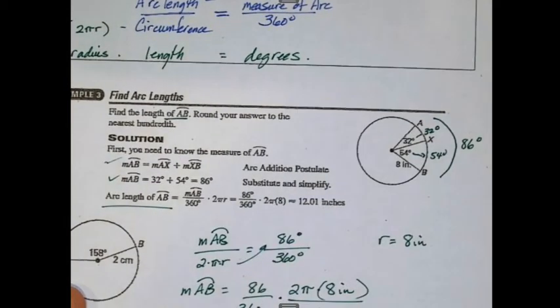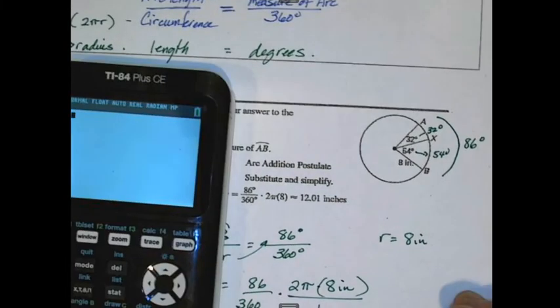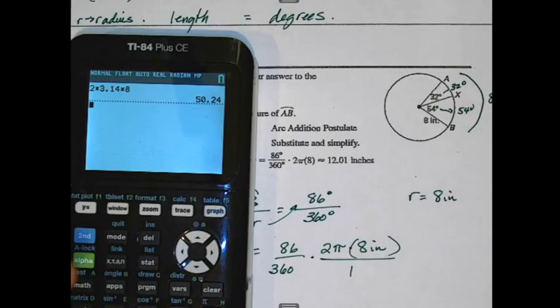So what we're going to do is find the arc length. I would use my calculator here. So I take 2 times pi. If you want to use 3.14, go for it. Times 8. That's the total circumference. We're going to times it by 86, and then divide it by 360 degrees.